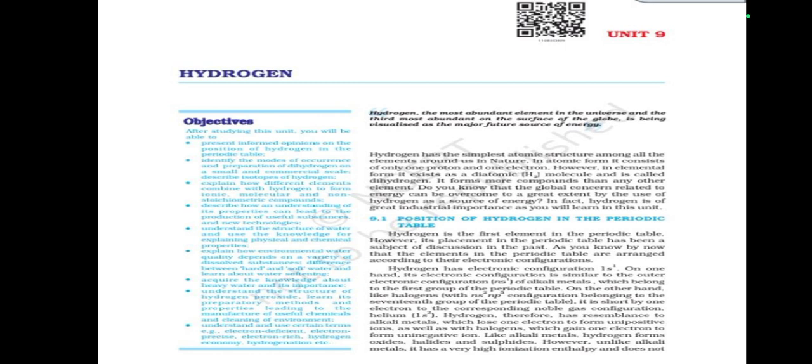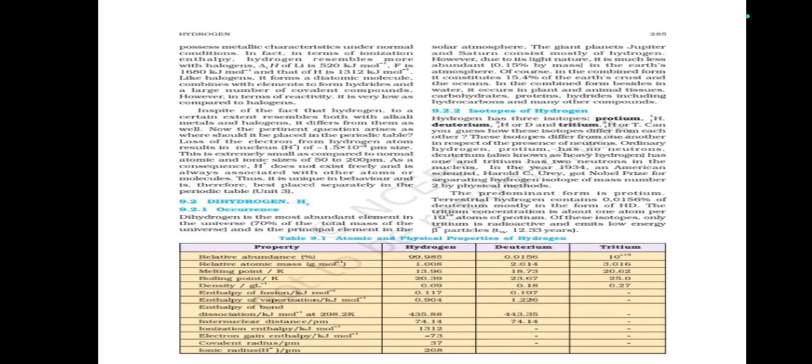Like alkali metals, hydrogen forms oxides, halides and sulphides. However, unlike alkali metals, it has a very high ionization enthalpy and does not possess metallic characteristics under normal conditions. In fact, in terms of ionization enthalpy, hydrogen resembles more with halogens.